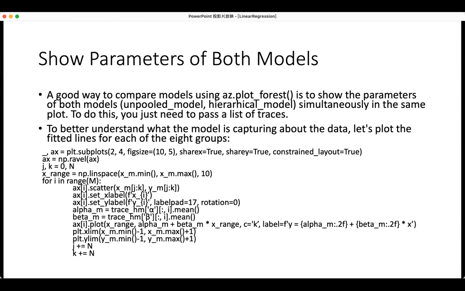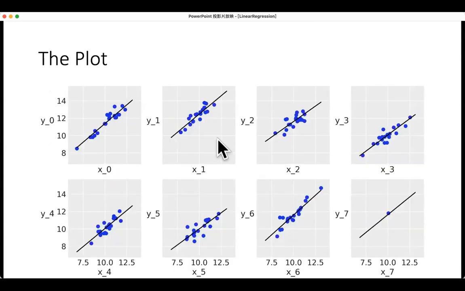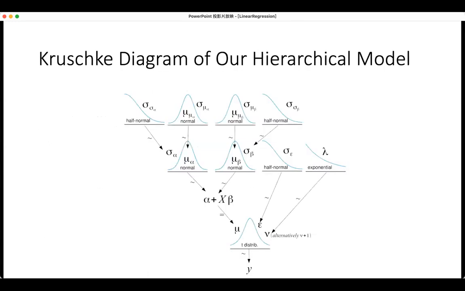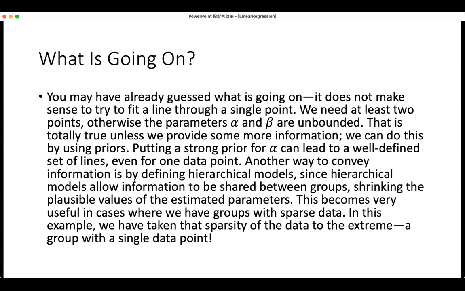Last time we talked about another possible advantage of the hierarchical model. We talked about this result, right?